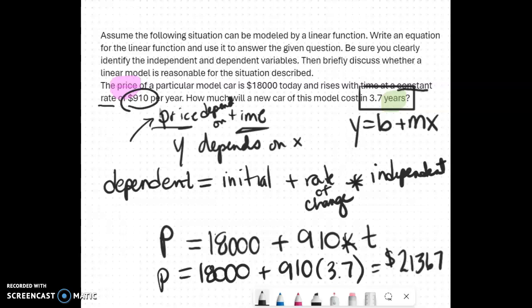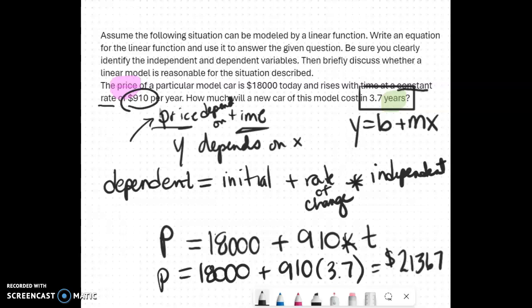It's unlikely that it increases at a constant rate. It's unlikely it's going to be $910 every year. It would more likely be a percentage every year, and it's going to vary. It's not that constant typically when you're talking about the price of goods.